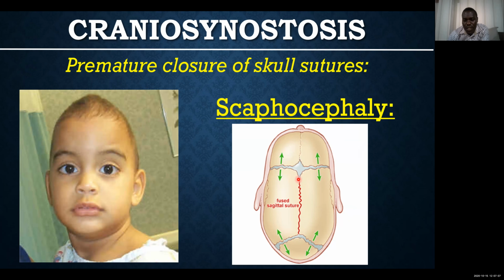This suture here is called the sagittal suture. If the sagittal suture closes prematurely, you'll have a skull or a head that looks like this. And this is what we call scaphocephaly. It is one of the types of craniosynostosis.